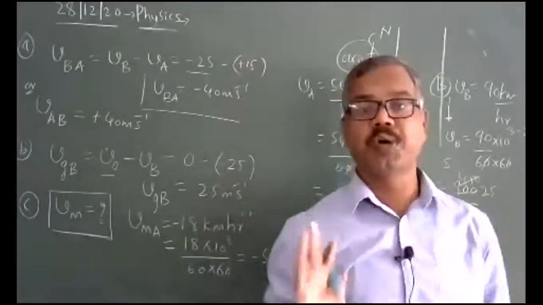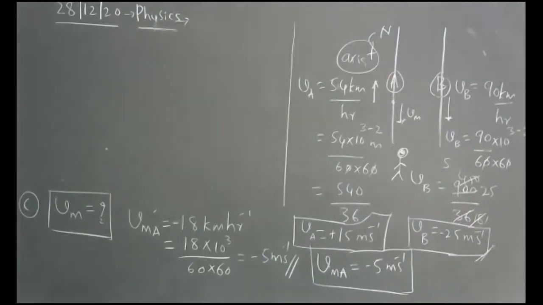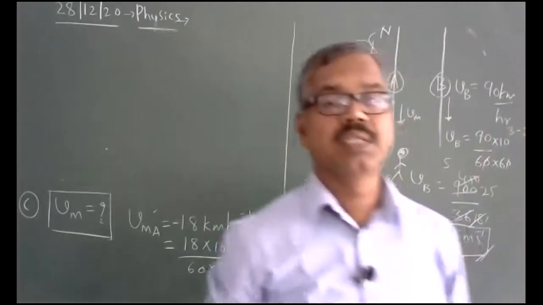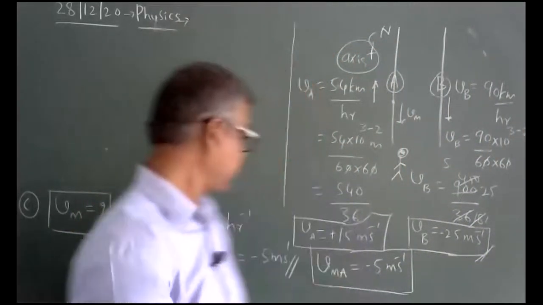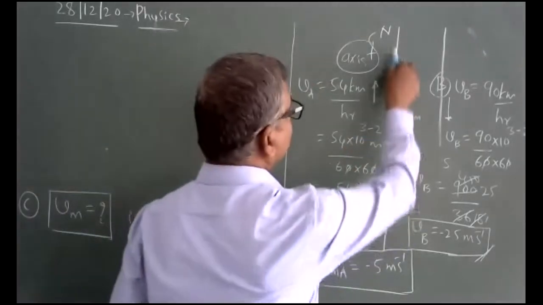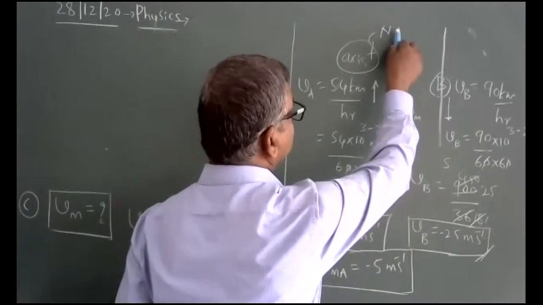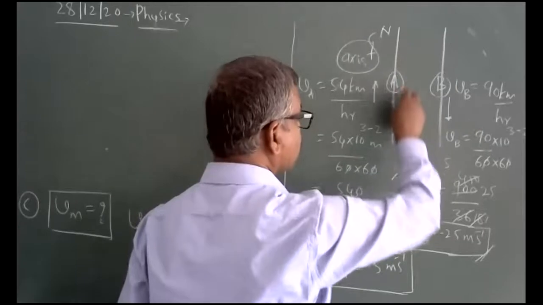Yes, I hope you got it. The third part of the question is, relative velocity of a monkey with respect to train A is given, that is 18 kilometer per hour. I mean to say train A is moving towards north, plus velocity. Monkey is moving on the roof, it is towards south.